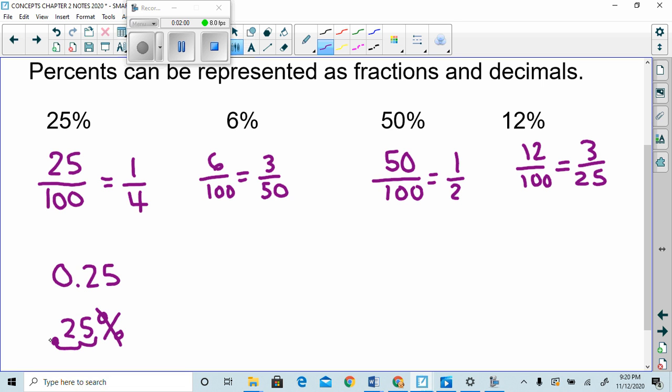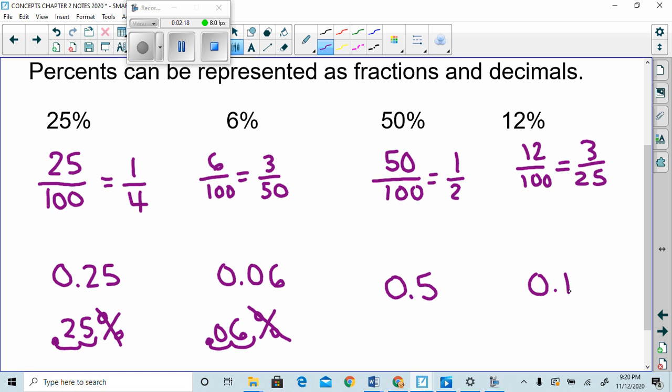Again, the same thing here. I have that 6%. I drop the symbol and I move my decimal over 2 places because I'm dividing by 100. 50%. And lastly, 12 hundredths. 12% is 12 hundredths.